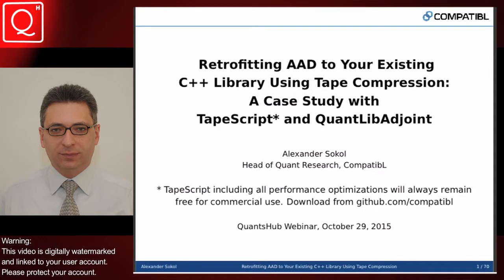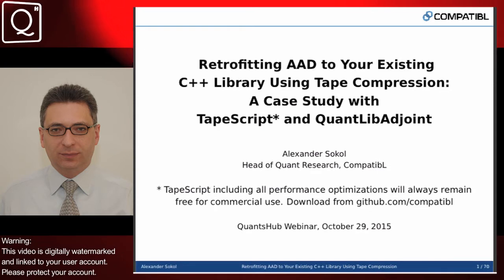But usually you hear something like, you have to rebuild your entire library from scratch. And this is probably the case if traditional AAD tools are used, because if you're dealing with individual doubles, you need to write your code in a particular way to reduce the tape size, which is normally the biggest problem of AAD implementations in practice.